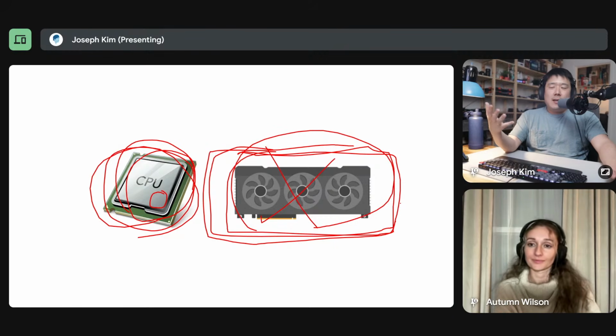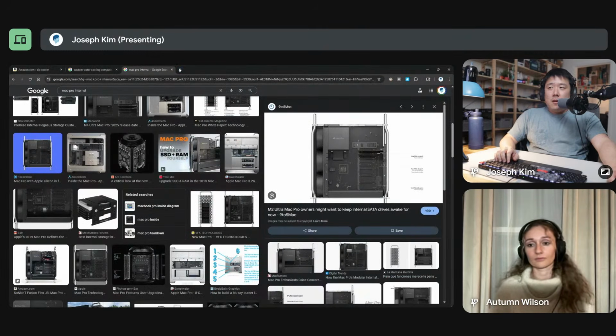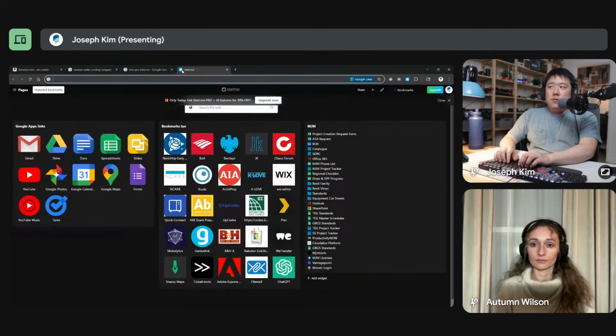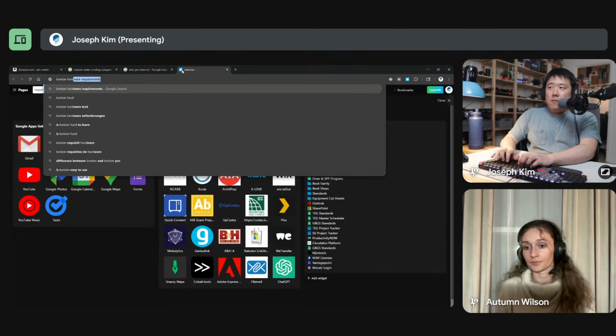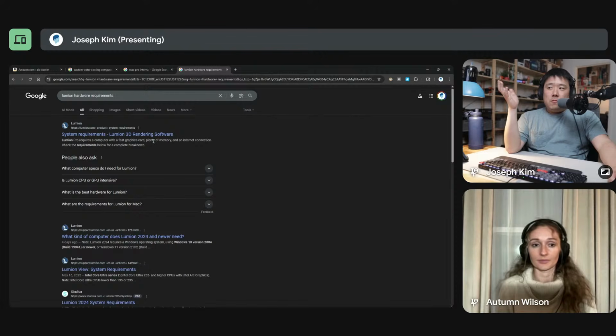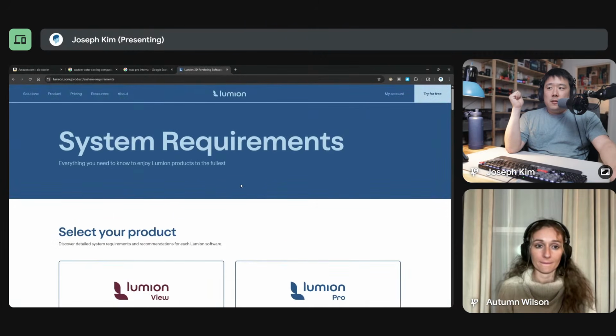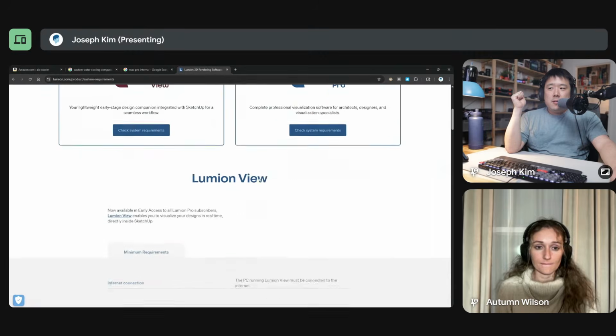That's why you have to look at the hardware recommendations of each renderer or the software you're looking to run and see what graphics cards they recommend. So for example, because you use Lumion, right? Let's go through Lumion's system requirements.